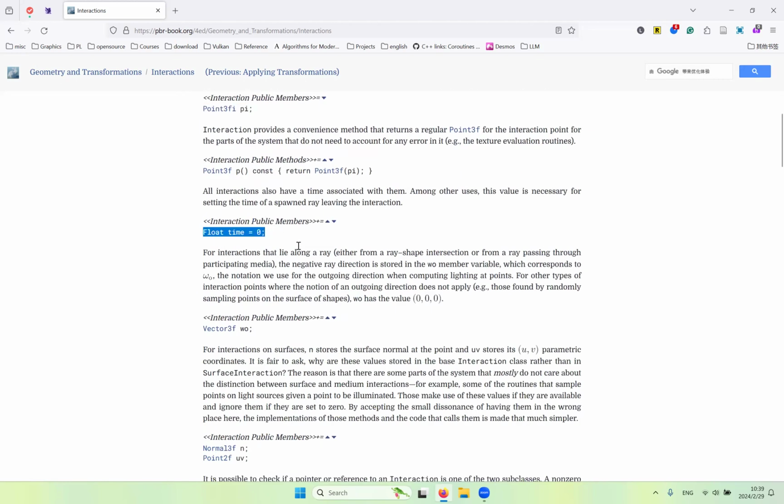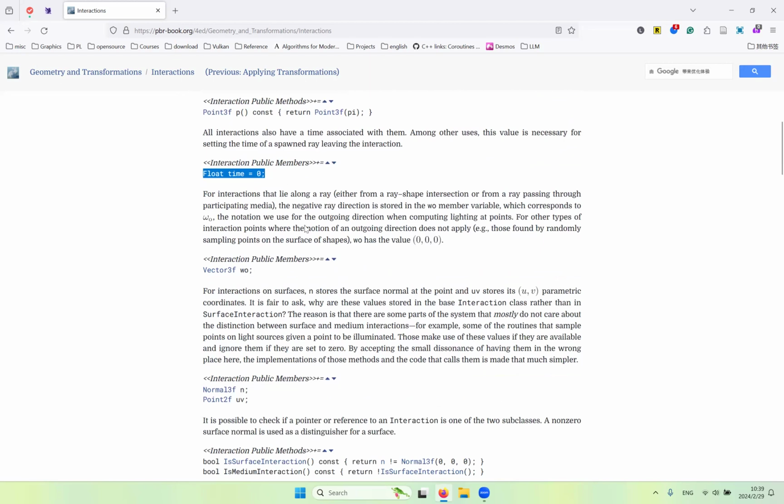At time, I think the time can be used for stuff like motion blur. And also this outgoing direction vector. For certain interaction points where the notion of outgoing direction does not apply, the value is 0.